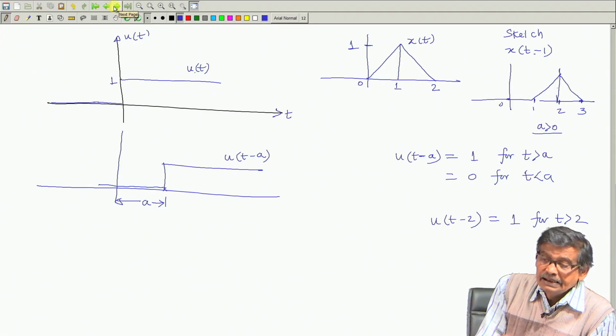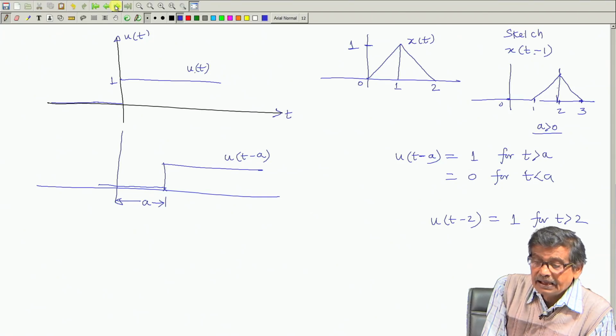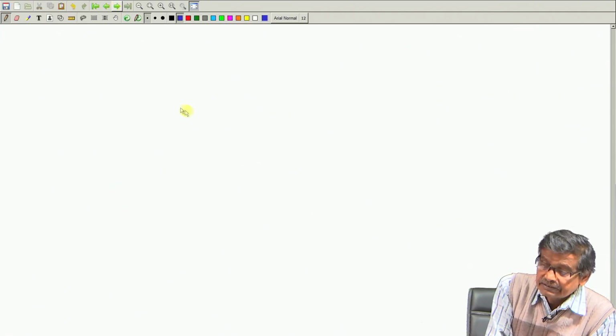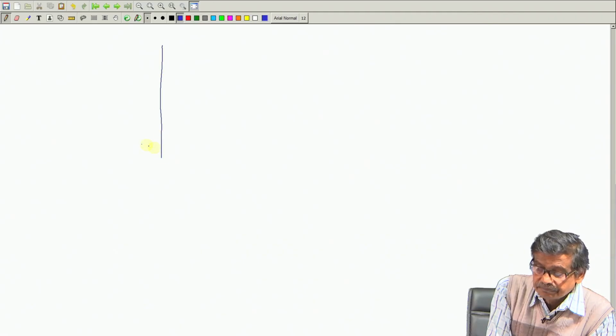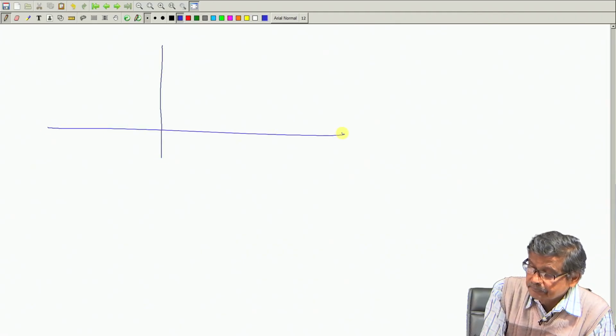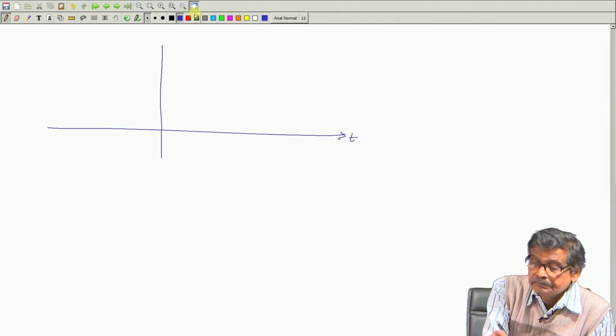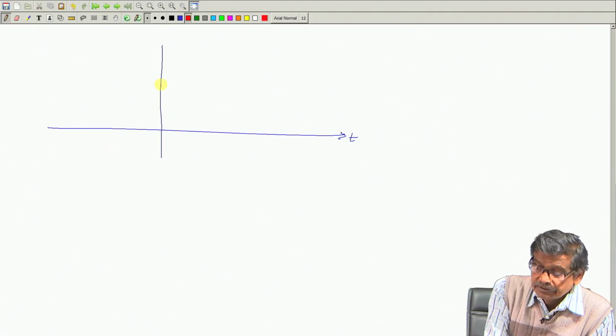Okay. Then I say that another function is called a unit impulse function. Suppose the unit impulse function I used to show by an arrow like this.